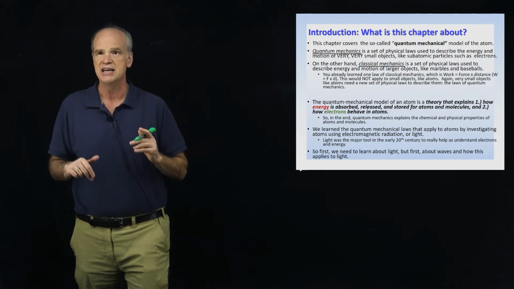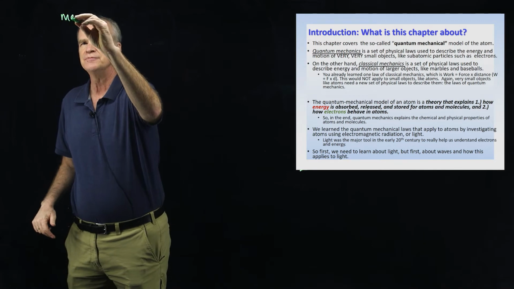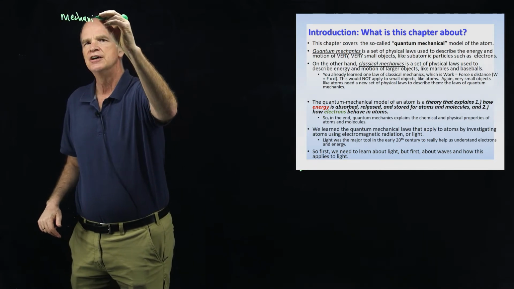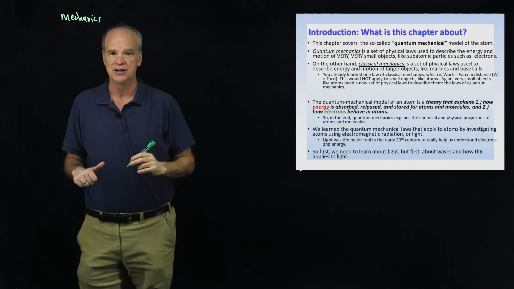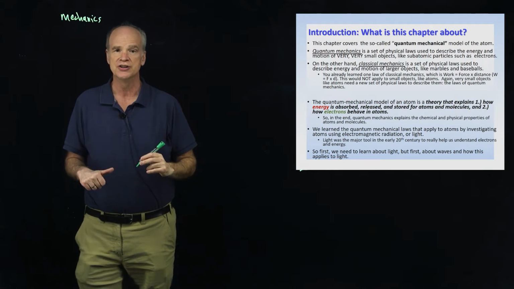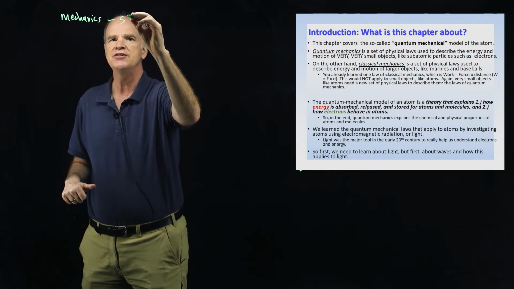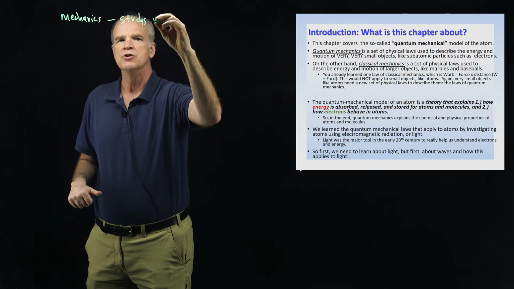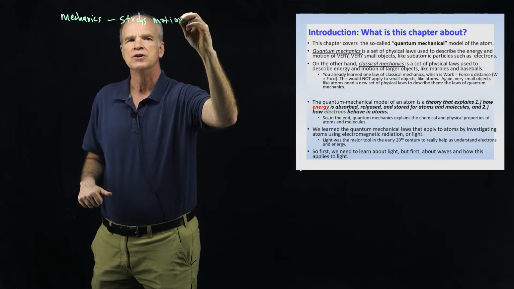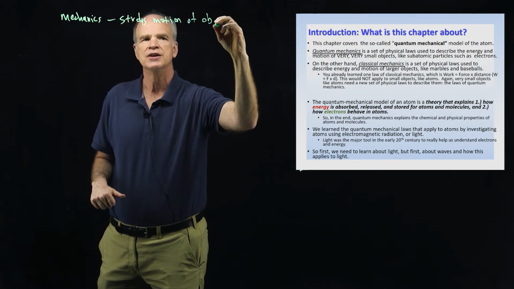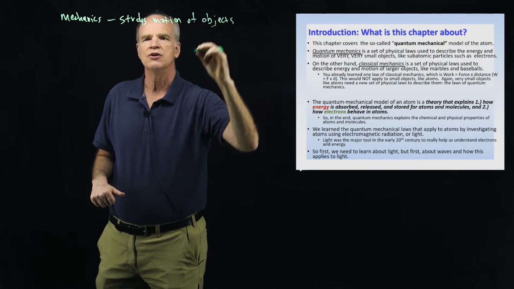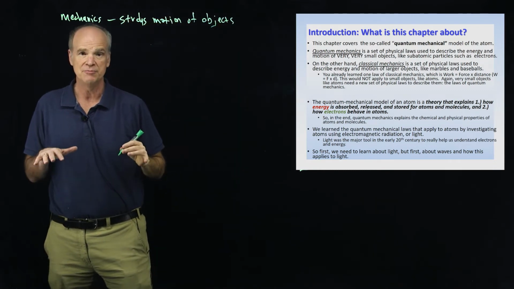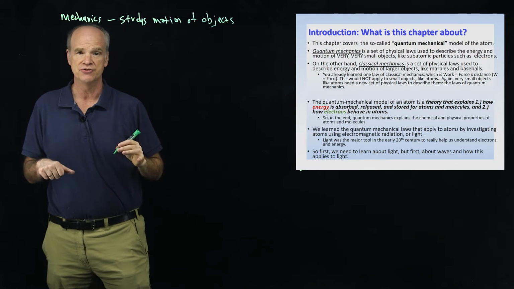I just used the phrase quantum mechanics, so let me break that down a little bit. We have mechanics, and what is mechanics? Mechanics is actually a branch of physics that studies the motion of objects. Now, mechanics in physics can be subdivided into two general categories.